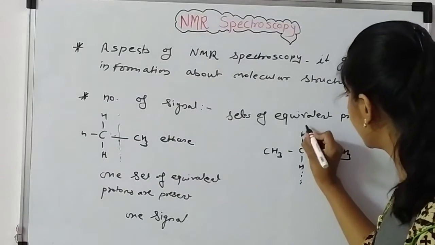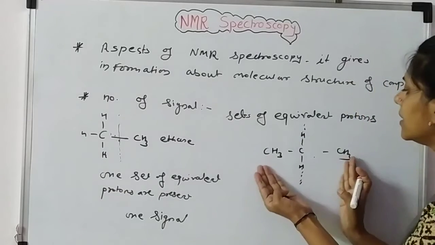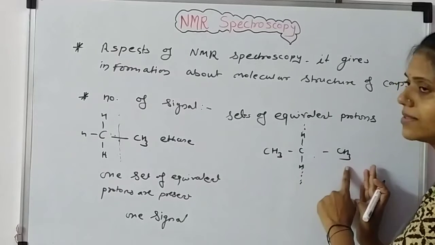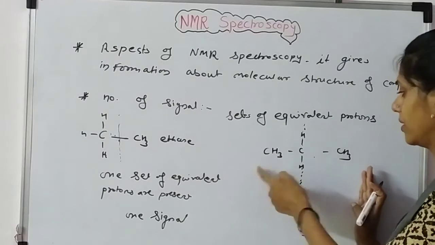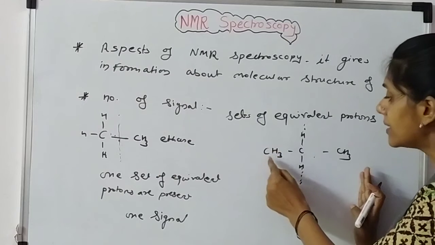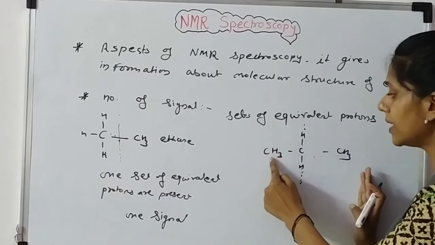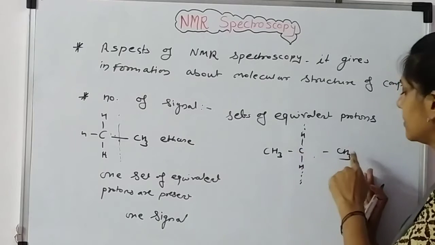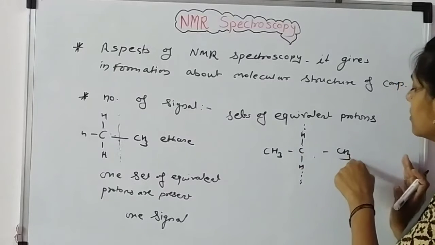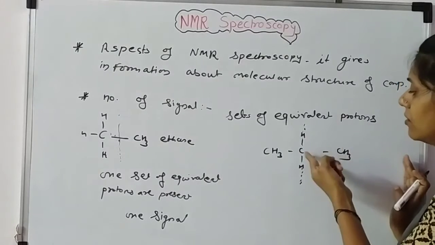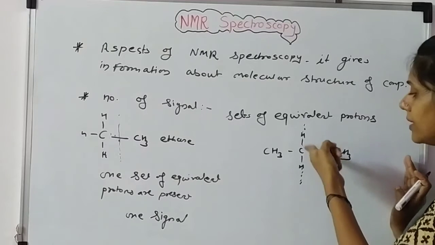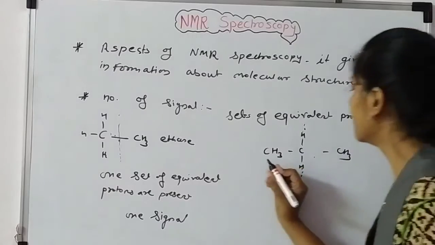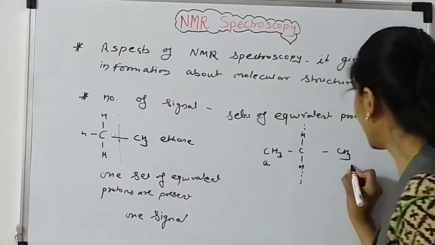When we draw a symmetry, we get these two groups, CH3 and CH3, that are equivalent to each other. They have the same environment. These 3 protons are attached to the same environment, that is CH2. So I have written here A.